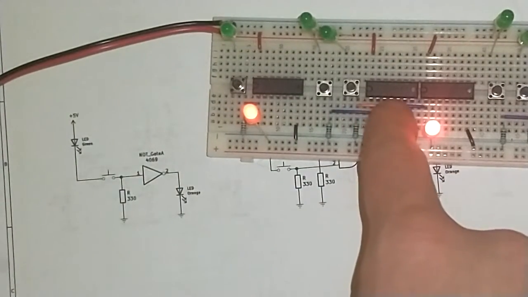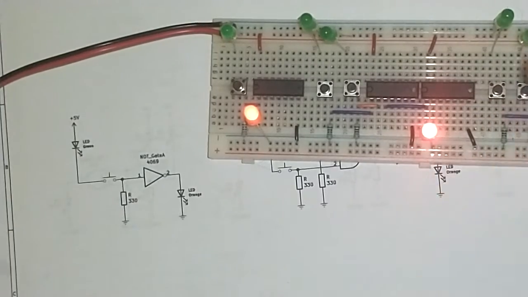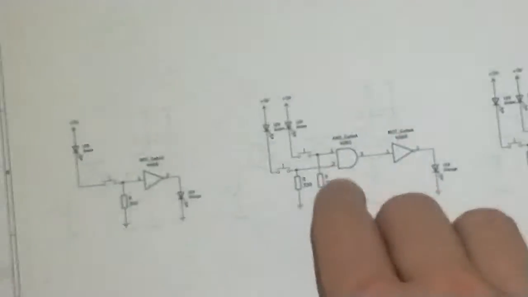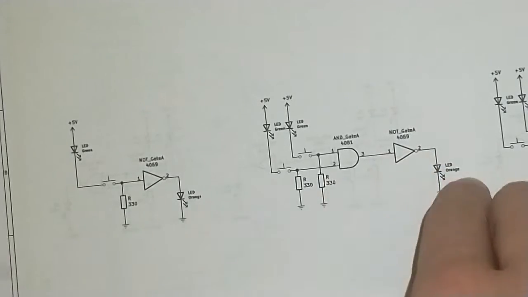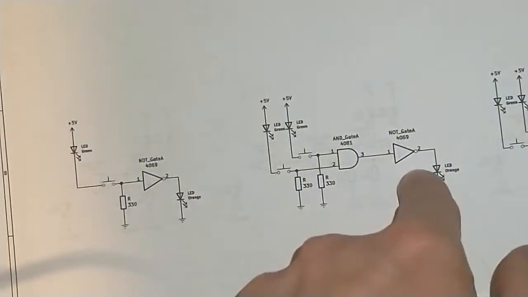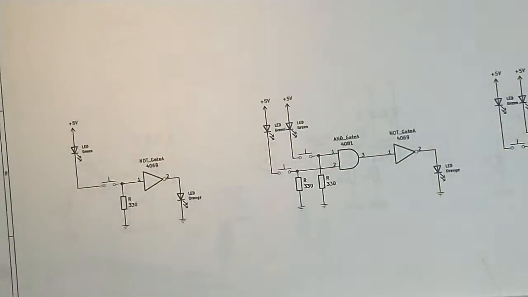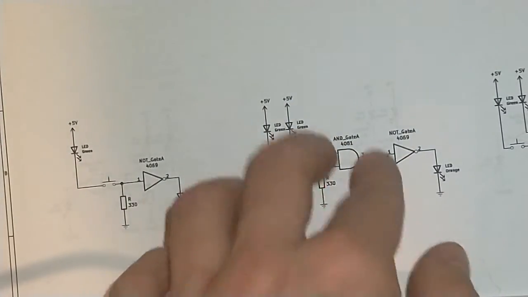So I connected an AND gate to a NOT gate like this, which means it is basically inverting the output of an AND gate to match the outputs of a NAND gate. Basically, NAND gate means not AND. So yeah, this is actually correct.